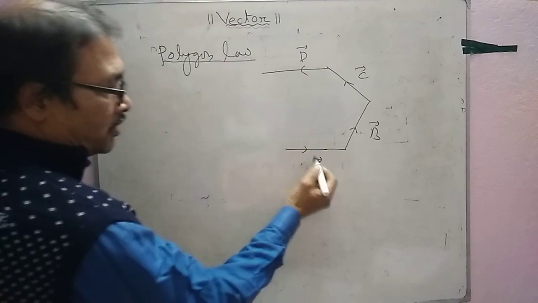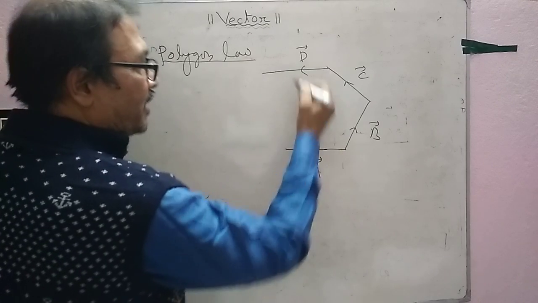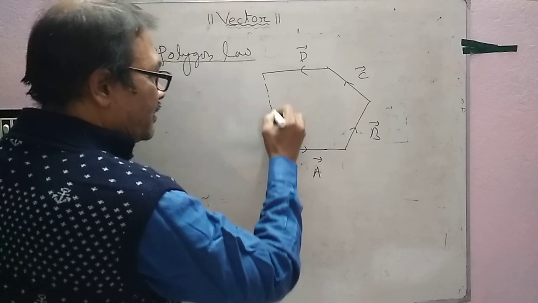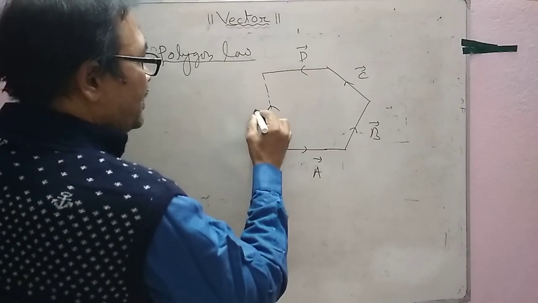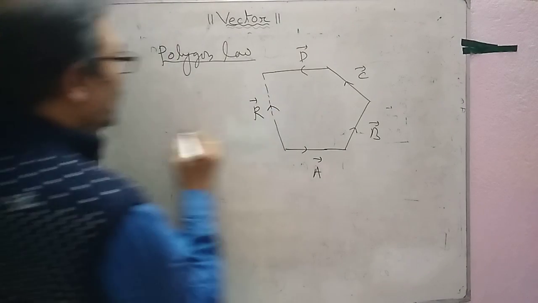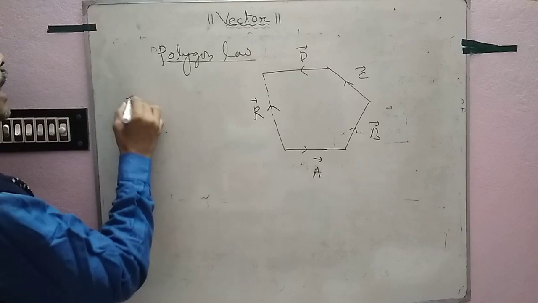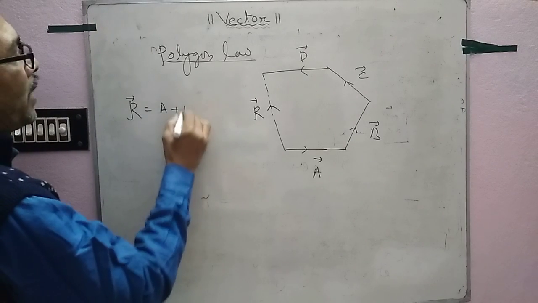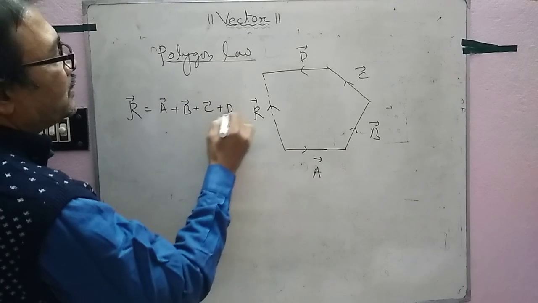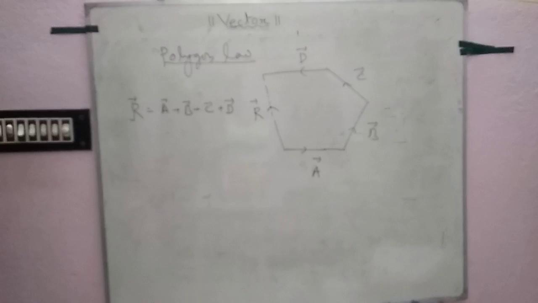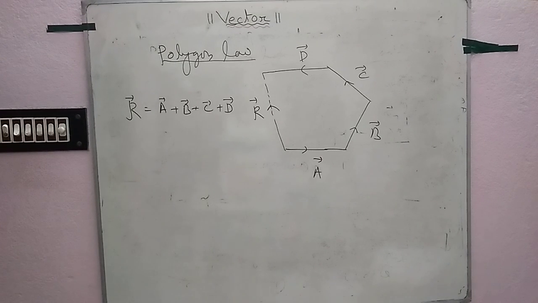This is a polygon, this vector a side in order নিয়েছি, তাহলে this side in of course opposite order a b c d. Suppose this is the r vector. So according to polygon law, r equal to a plus b plus c plus d. Follow? This is the polygon law.